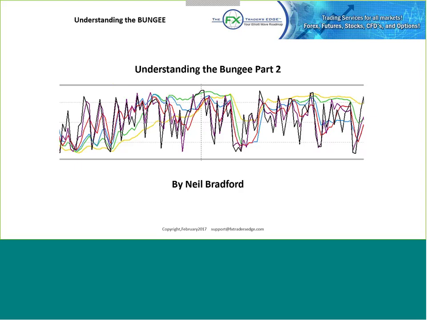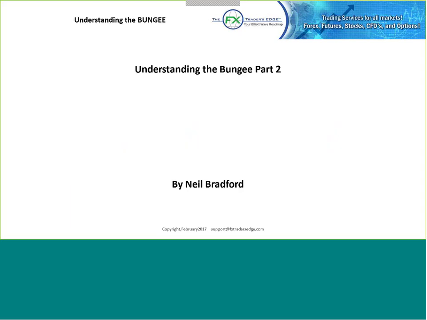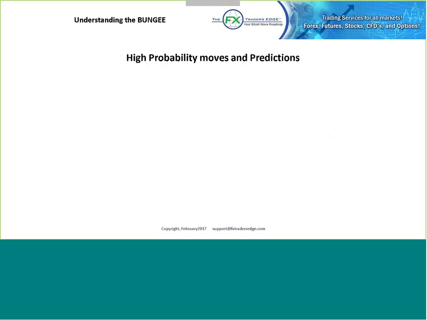And for Part 2, we're going to be looking at high probability moves and predictions initially. And after that, we will then look at how the bungee helps us trade. How we can use everything we've learned to help us enter trades at the best place possible, or the safest place possible, and how to stay in trades for as long as we can.